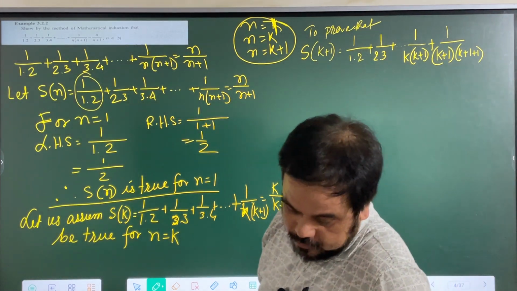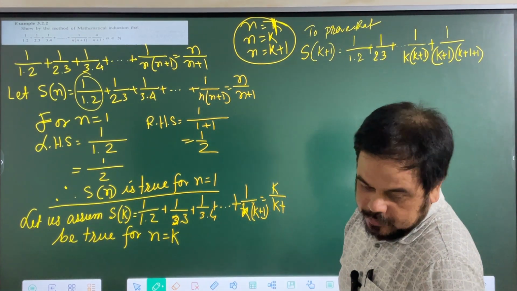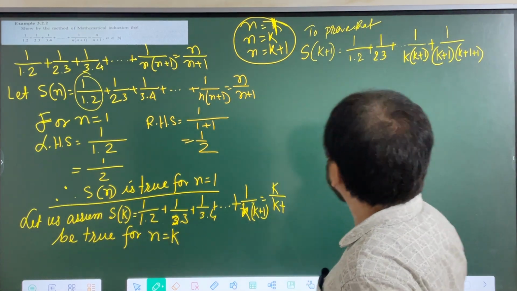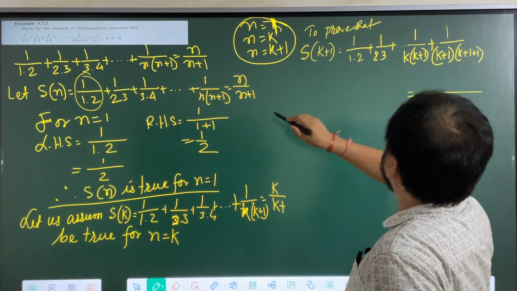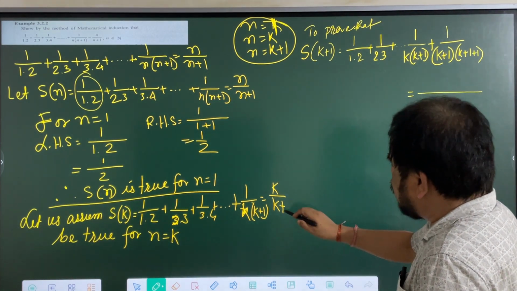I think it is correct. Yes, equals n by n plus 1, that is k by k plus 1.